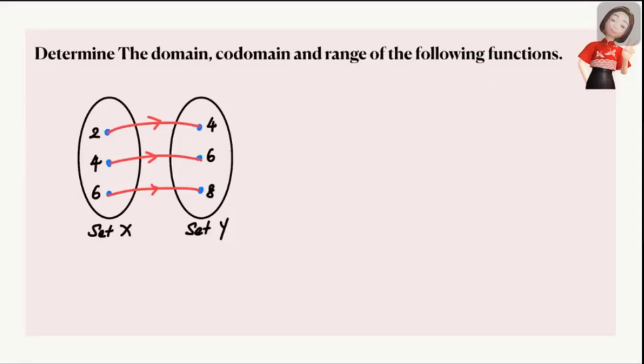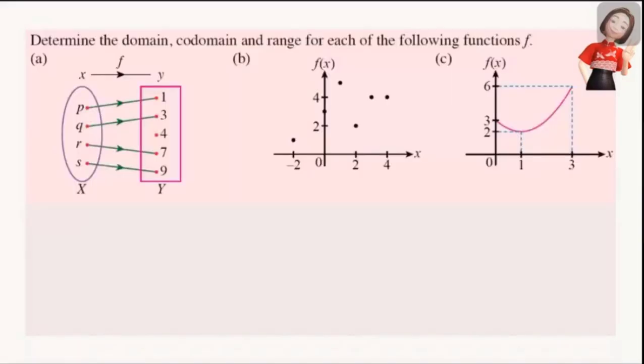Okay, so this is the example from your textbook. What is the domain for the first one? Ada yang tak rujuk buku tak kan? So this is the arrow diagram also. So what is the domain? P, Q, R, and S. Domain is P, Q, R, and S. Okay, codomain.